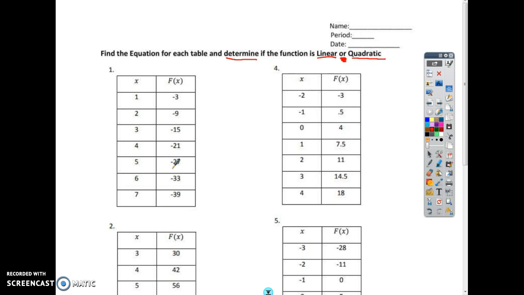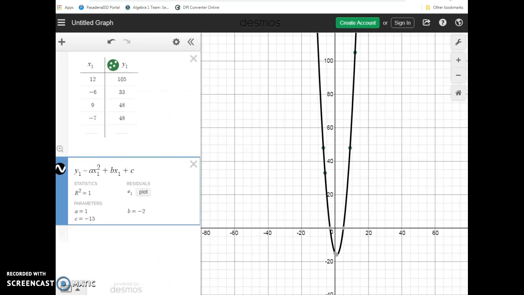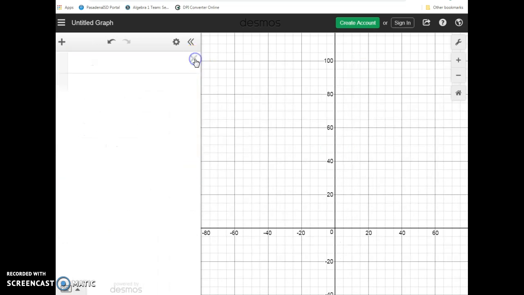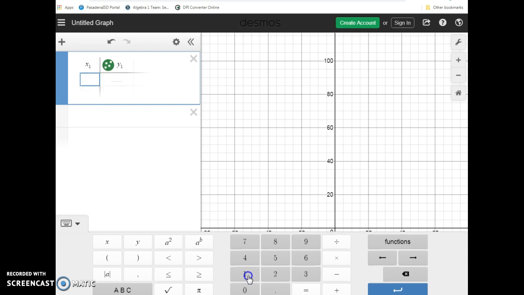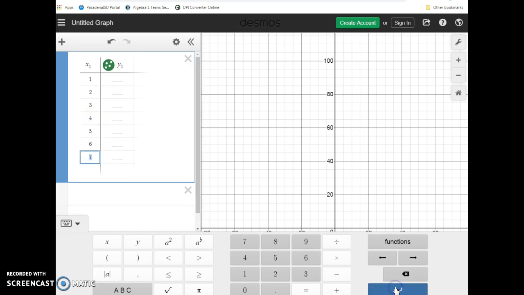So let's type this in decimals. So we can erase this. We can erase this. Add a table. Everybody make sure that you're doing this with me. We're typing 1, enter, 2, enter, and look, it starts telling you, did you want 3 next? Yes, enter. Did you want 4 next? Yes, enter. 5, 6, 7.